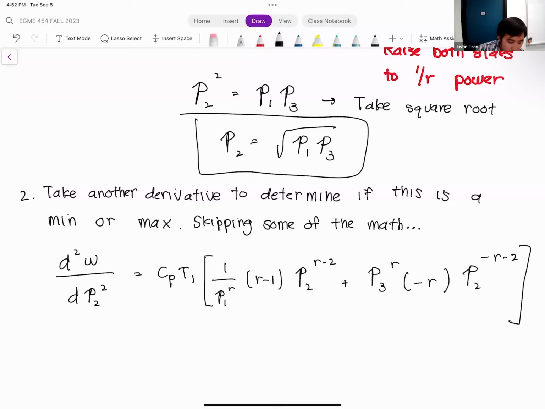I'm trying to plug in R in real time, because what I have in my notes is everything in terms of K.